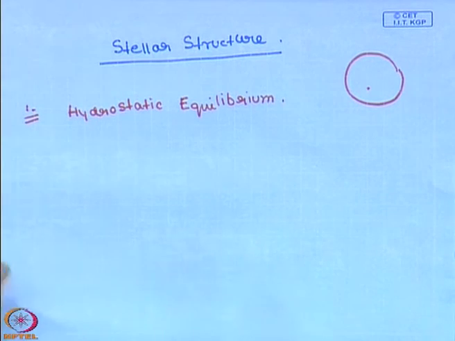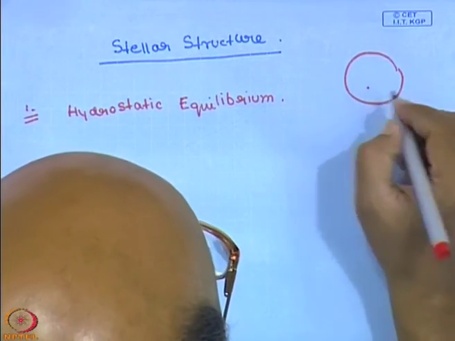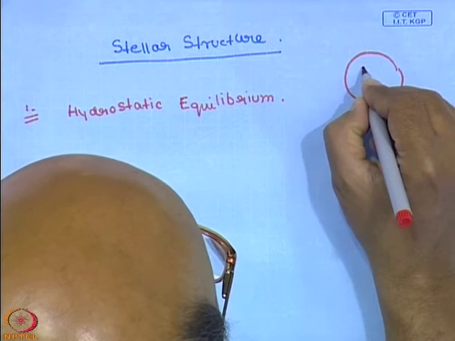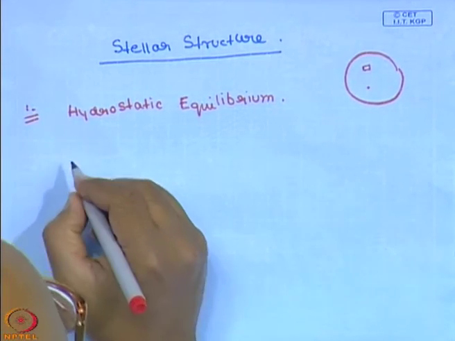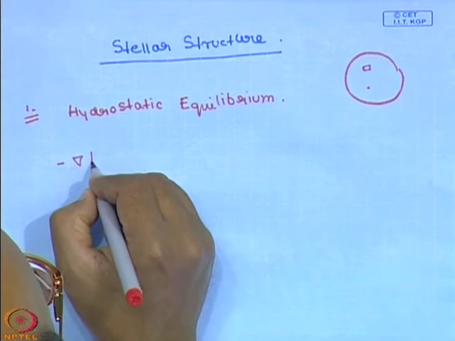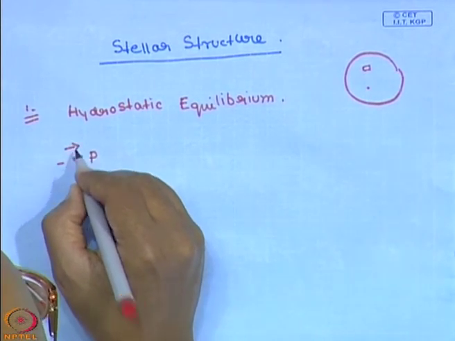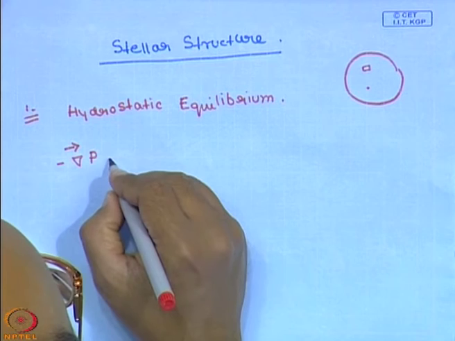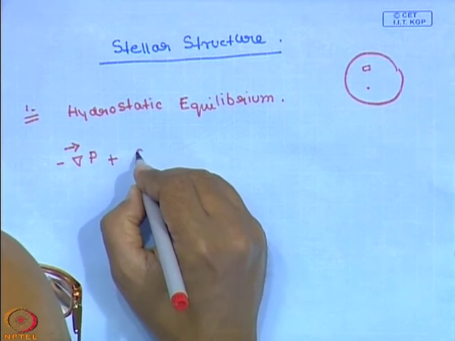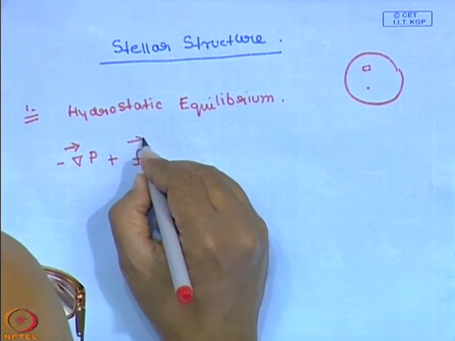And we assume that the star is in a static configuration, it is neither expanding nor contracting. We also ignore the rotation of the star. Okay. And for such a fluid, we know that for any part of the fluid, the pressure gradient across the fluid will balance the acceleration or the force per unit mass.